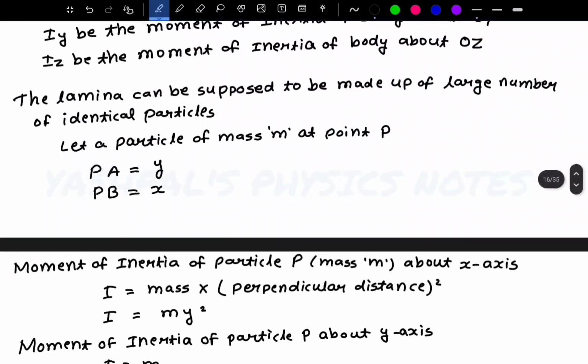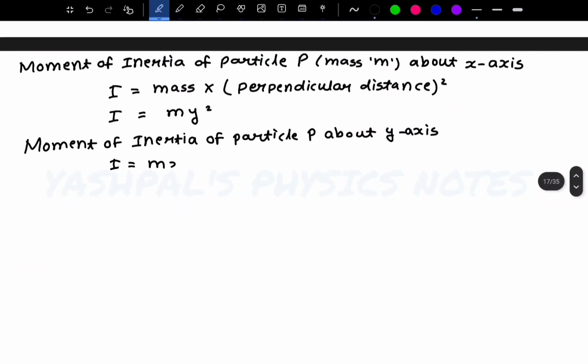So here I can write m into x square. Let us call this equation 1.